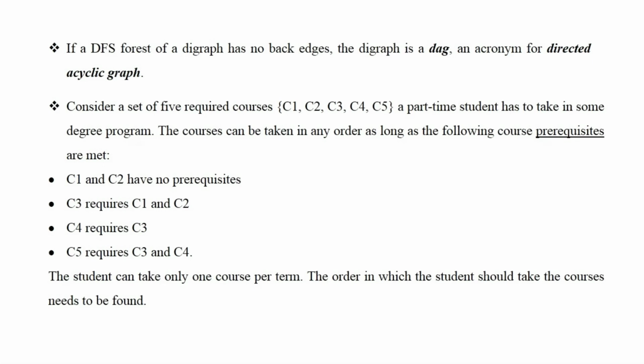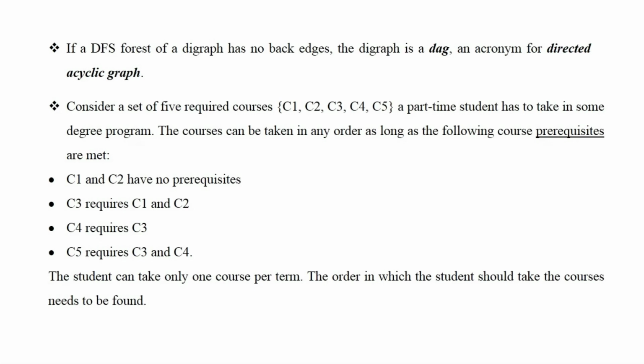That means you can study course C1 or course C2 in any order, first C1 followed by C2 or C2 followed by C1. But in order to study the course C3, we need to know both the courses C1 as well as C2. And for studying the course C4, the course C3 needs to be completed. And for course C5, both C3 and C4 need to be learnt.